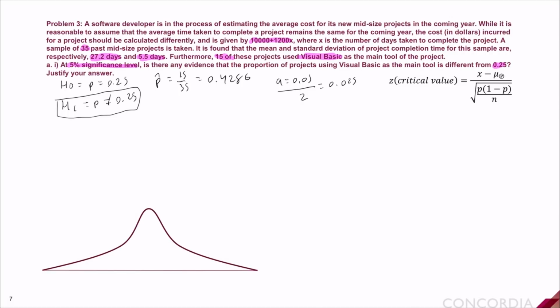Then we'd go find that value on our z-score table, which would give us a z-score equivalent to 1.96, and this would be our cutoff point.